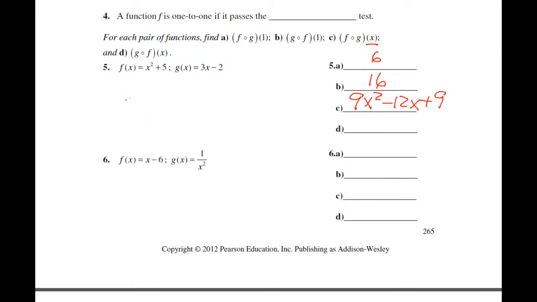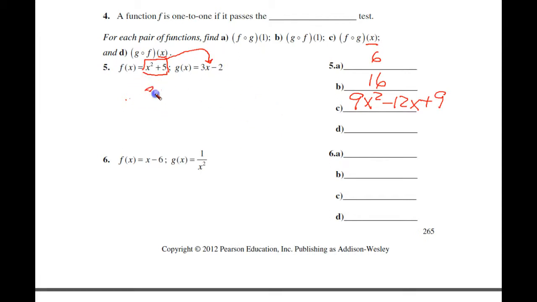Okay, we're now going to go on to letter D here. g of f, or g circle f, or g composite f, where we're looking for x. So first, what will our x be? Well, our x is going to be this. We then take this, put it where our x is in the other function. So let's work that out.